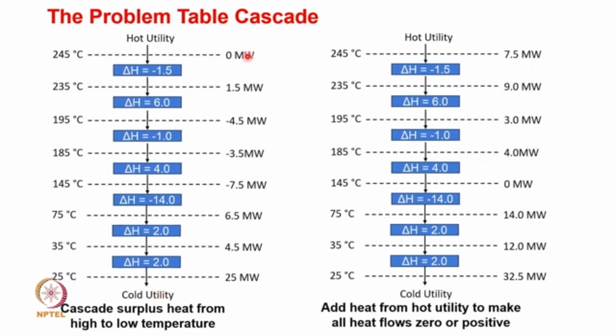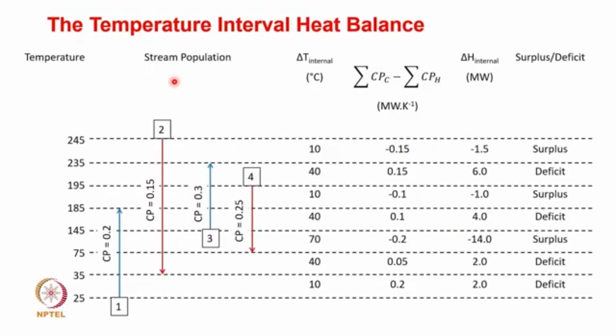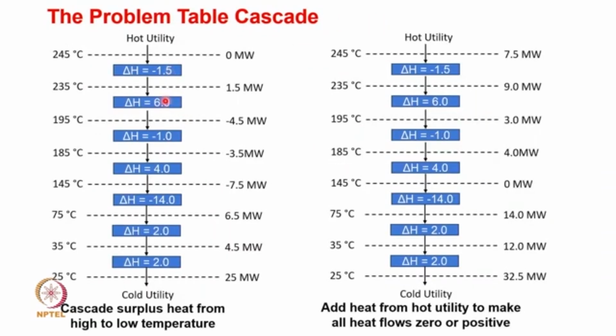Fine. So let's assume that we don't have any hot utility, and whatever delta H we have gotten is what we have reported over here. So this 6, minus 0.1, 4, up to 2 is what is presented over here.